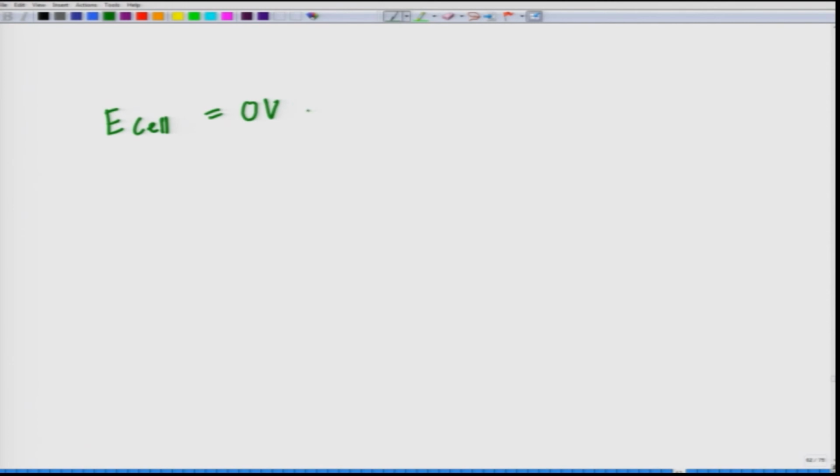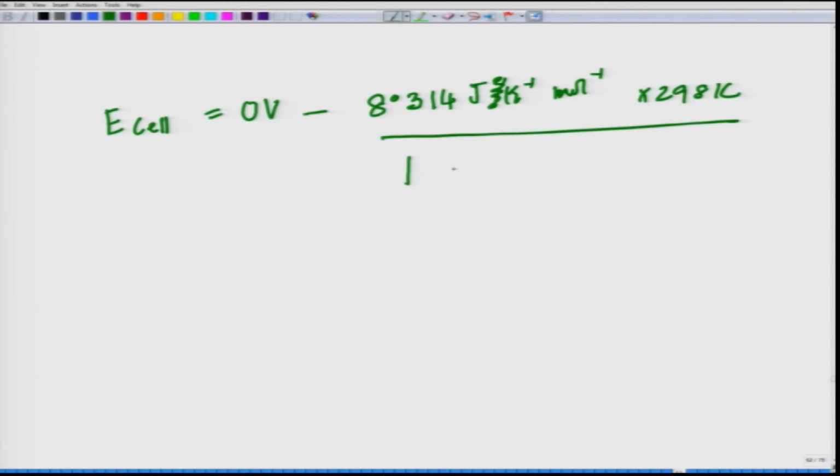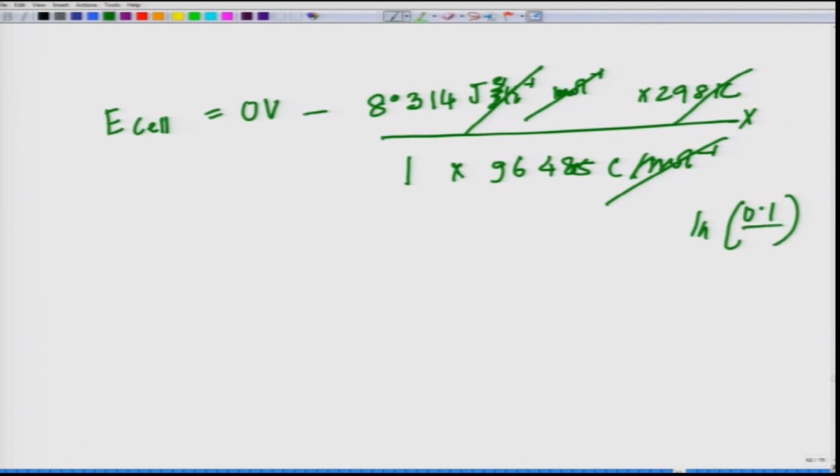Now, E cell is equal to 0 volt minus, putting in the values, R, the gas constant, 8.314 joules per Kelvin per mole, multiplied by 298 Kelvin, which is 25 degrees centigrade, with 1 electron transferred, which is your Z, multiplied by Faraday's constant, 96,485 coulombs per mole. The moles cancel, the Kelvins cancel, and then multiplied by the natural log of 0.1 divided by 0.5.